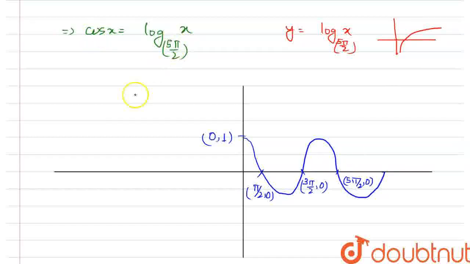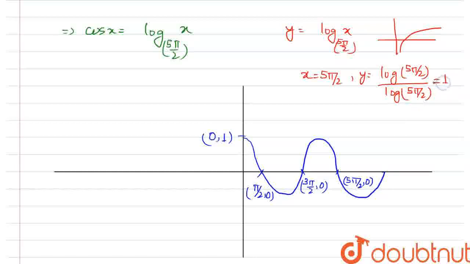To do so, we will find a point through which the graph will pass. Now at x equals 5π/2, the value of y will be equal to log 5π/2 to the base 5π/2, that is log 5π/2 divided by log 5π/2, that is 1. So we can say that the curve y equals log x to the base 5π/2 will pass through the point (5π/2, 1).